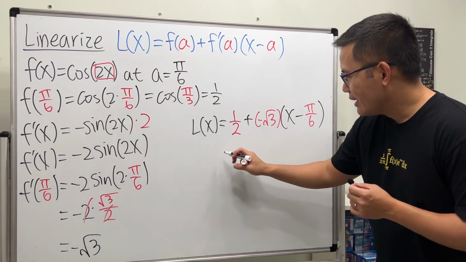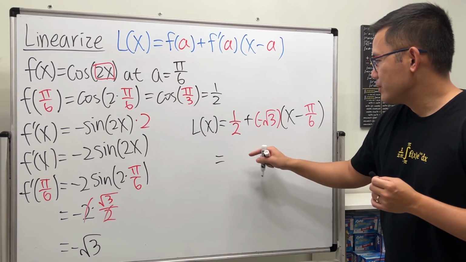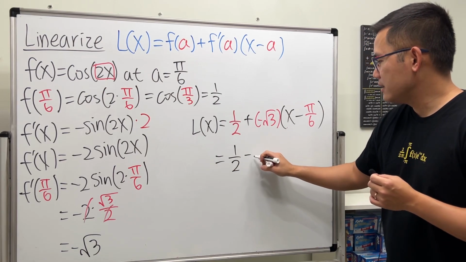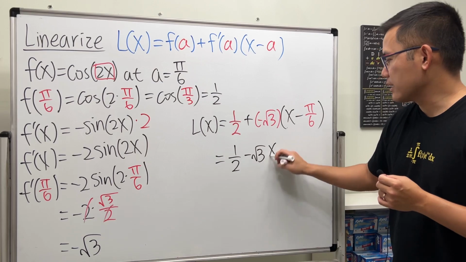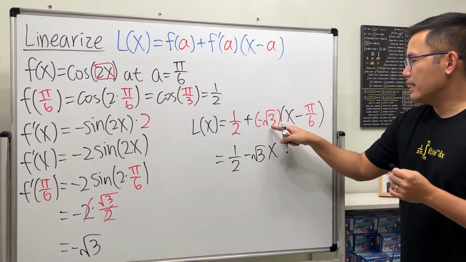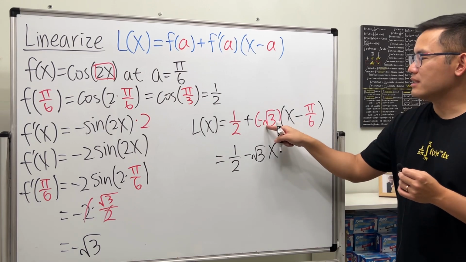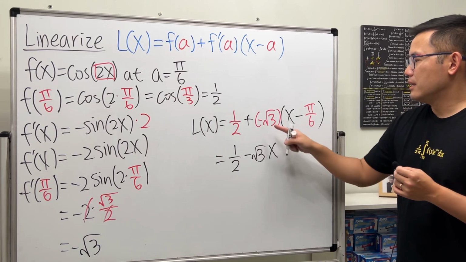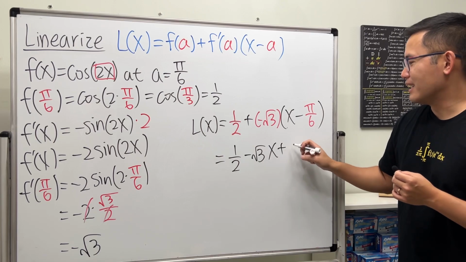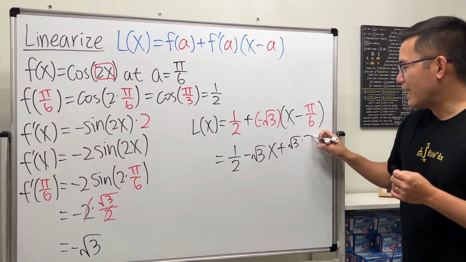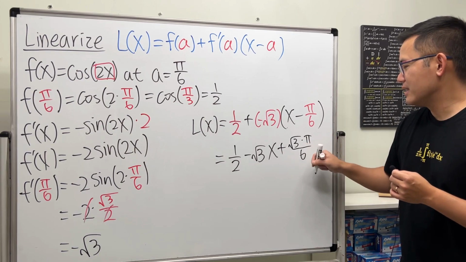I'm just going to first distribute, so we have 1/2, this times that is minus square root of 3 times x on the outside. And when we multiply this and that, do not reduce, because we can't: 3 is inside of the square root, this is not. Negative times negative is plus, so plus square root of 3, pi on the outside, over 6.